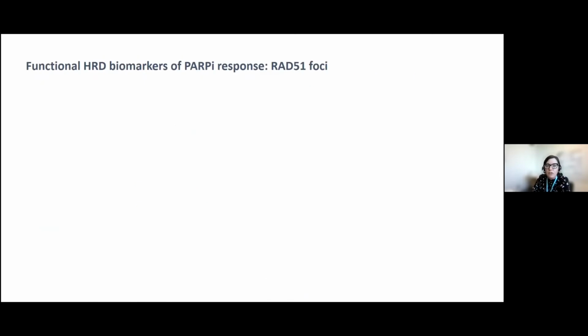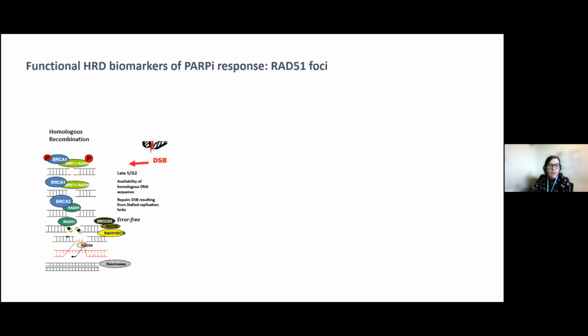So what about functional biomarkers in terms of PARP inhibitor response? And this might, again, have implications for targeting, say, ATR with ATR inhibitors. We know that this pathway is complicated and obviously BRCA is key, but there are other things involved and you can look at lots of different mutational abnormalities, but is there a way of assessing the pathway in terms of its function?